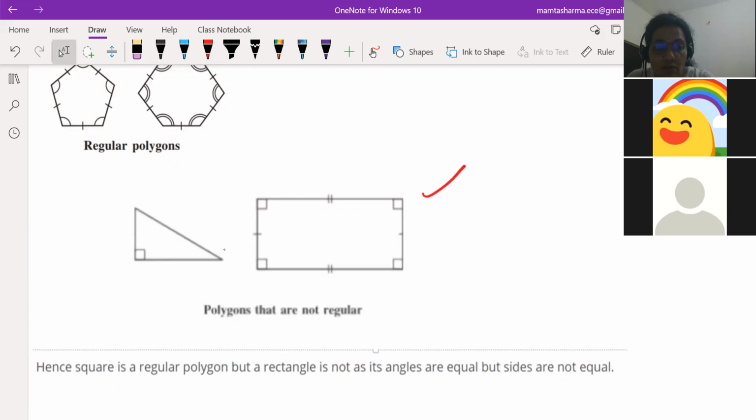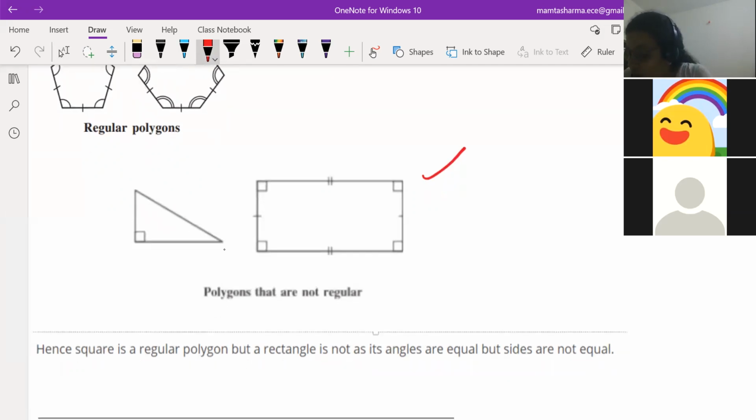So it will not be regular. It is an irregular polygon, since all the sides are not equal. Even though it is equiangular, all angles are equal, but sides are not equal. If one of the conditions is not satisfied, then we will say this is not a regular polygon. The two conditions should be satisfied at a time.